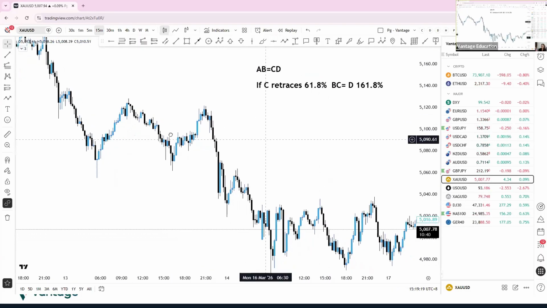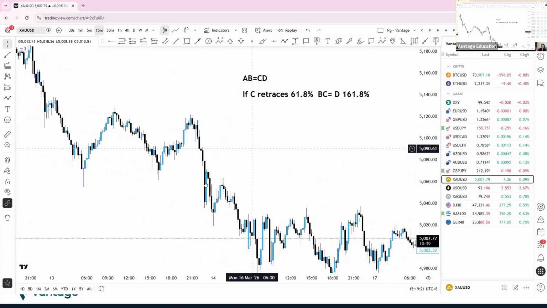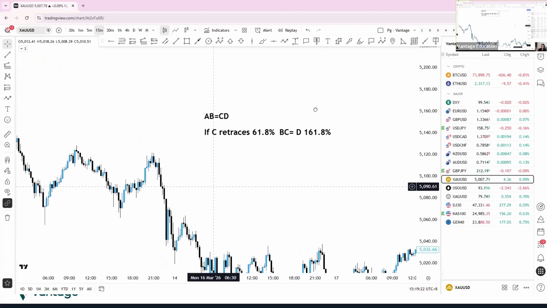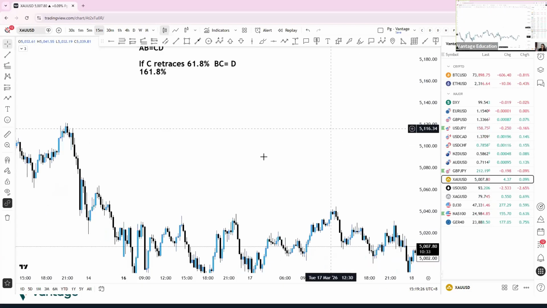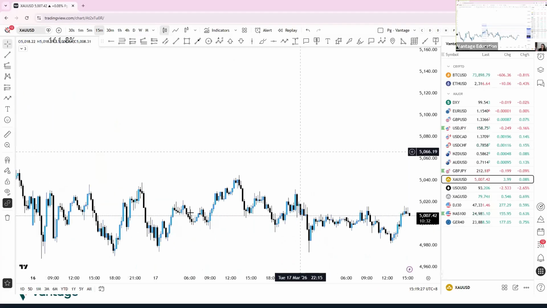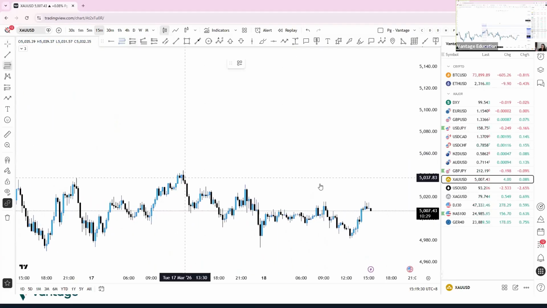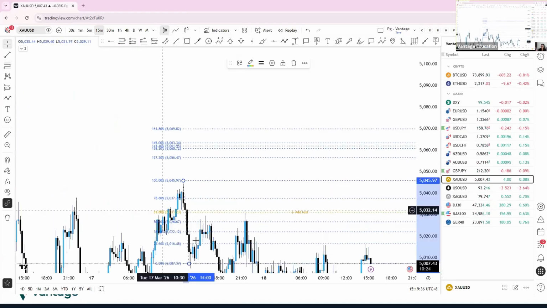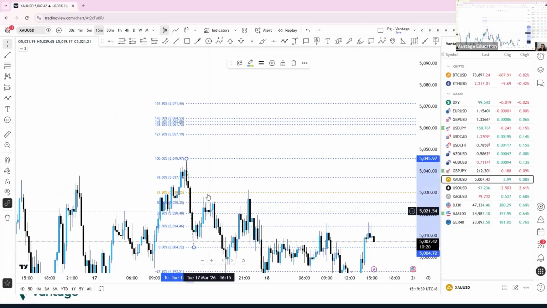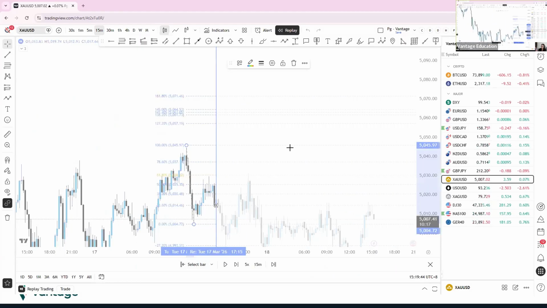I'm going to show you guys. This is very useful. Some of you just trade with a pattern like AB equals CD, and that's enough. Let's say here on the daily, C is a 61.8% retracement.